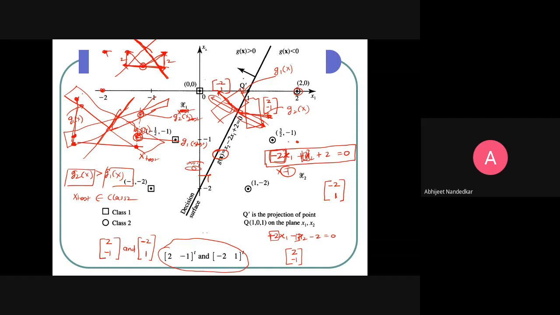Okay, so in that case G1x is greater than G2x, then I will say okay, this X test belongs to class 1. So this is the idea. Still our design is not complete. We have to find out the values of G1x and G2x. I have to find out these functions.